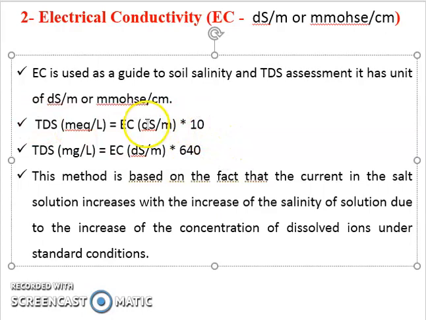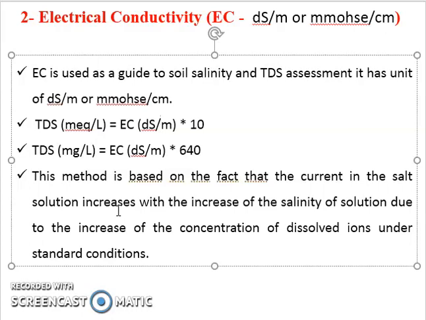If you multiply the EC by 10, you obtain TDS in milliequivalent per liter. However, if you multiply by 640, when the EC is less than 5 dS/m, you obtain the TDS in milligram per liter.